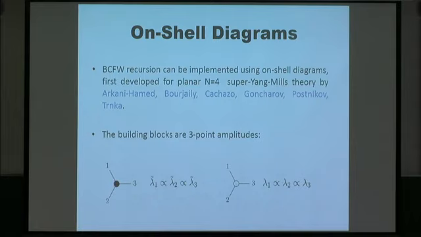And really the crucial feature that I want to emphasize is that for an MHV amplitude, the lambda tilde spinors of each external leg are proportional, whereas for an anti-MHV amplitude, the lambda spinors are proportional. If you haven't seen this before, just trust me, it's a very elementary consequence of 3-point kinematics. It's pretty easy to prove.